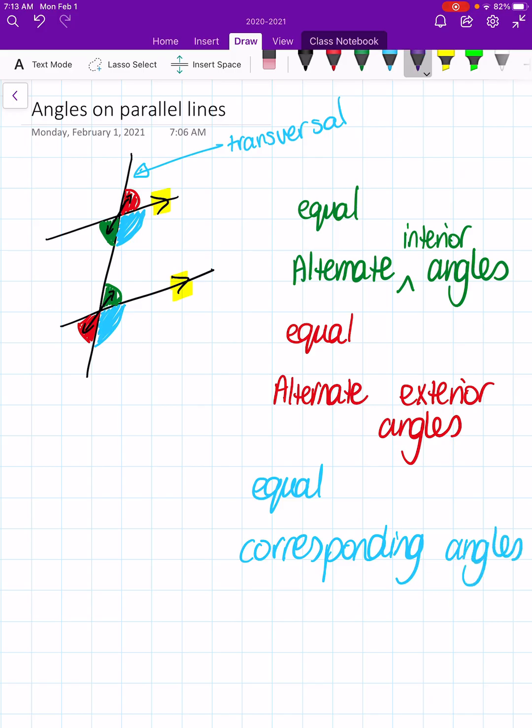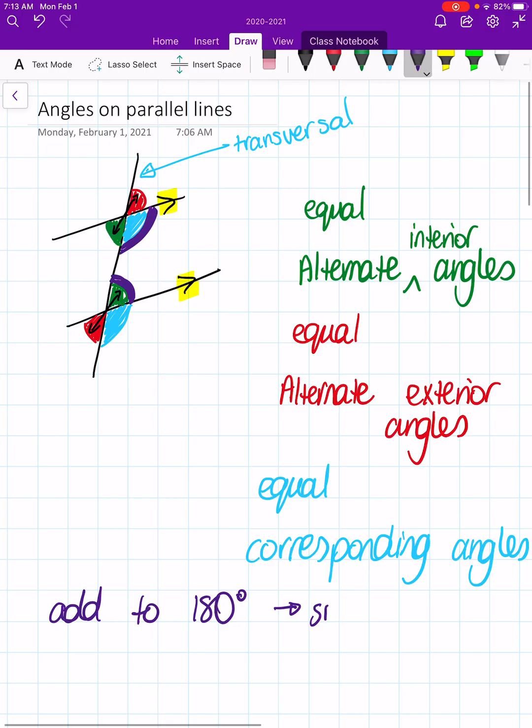One last fact is that we have these angles which are inside the parallel lines, so I'm outlining them in purple. Okay, so we have this blue one here that's outlined in purple and this green one that's outlined in purple. And these two angles add to 180. Now, a word that we give to angles that add to 180 is supplementary.